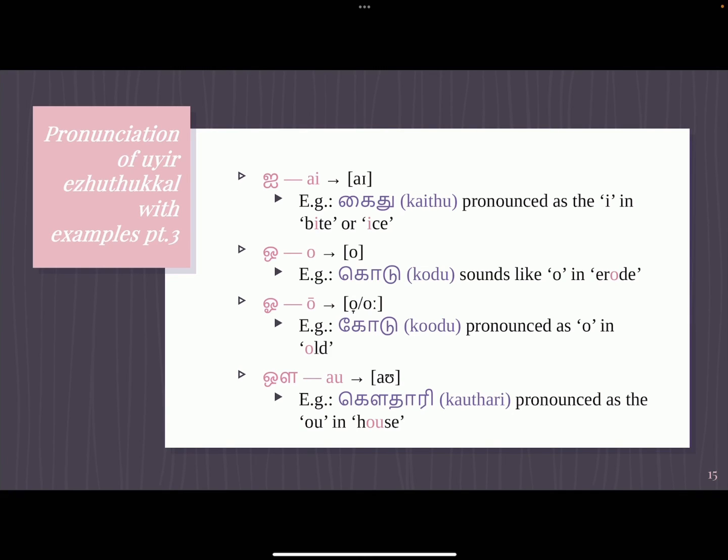Then we have O, kodi, pronounced like the O in erode. The longer O, such as in kodi, pronounced like the O in old. Then we have AU. An example would be kauri, pronounced as the OU in house.